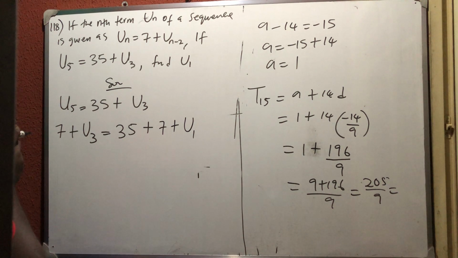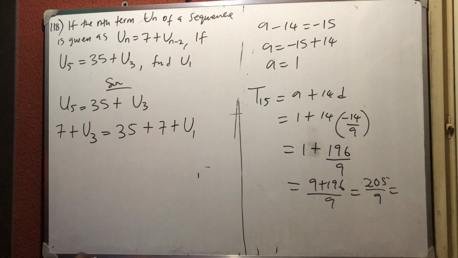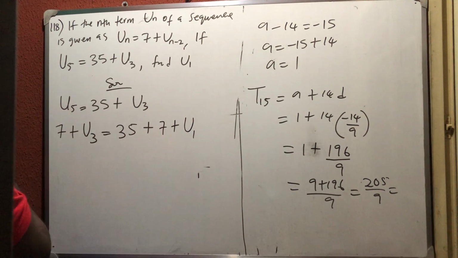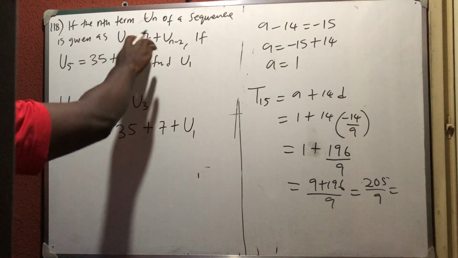I think there is an error somewhere, because if you put that u5 is 7 plus u... unless maybe this is minus.